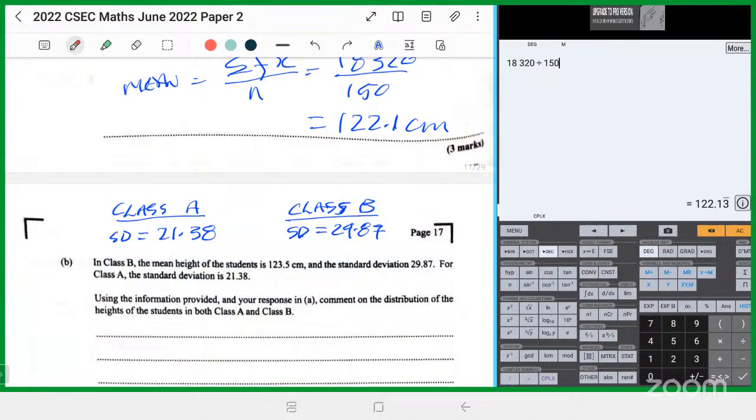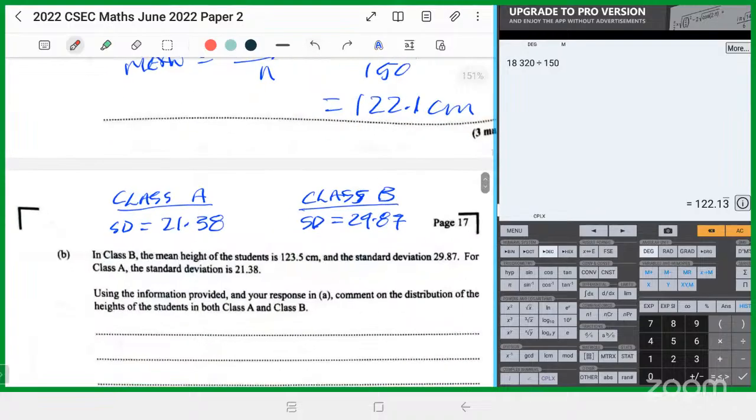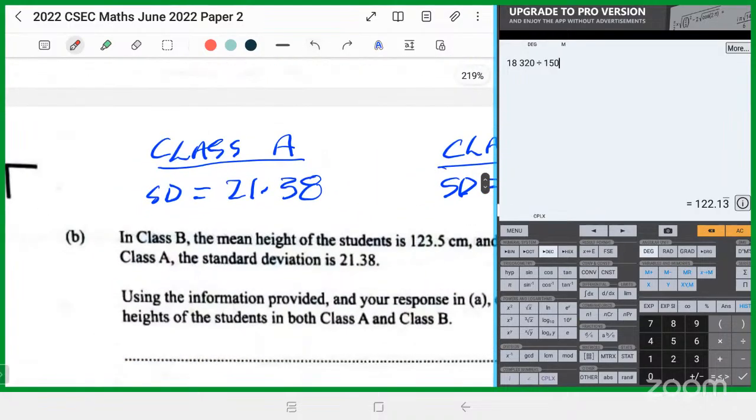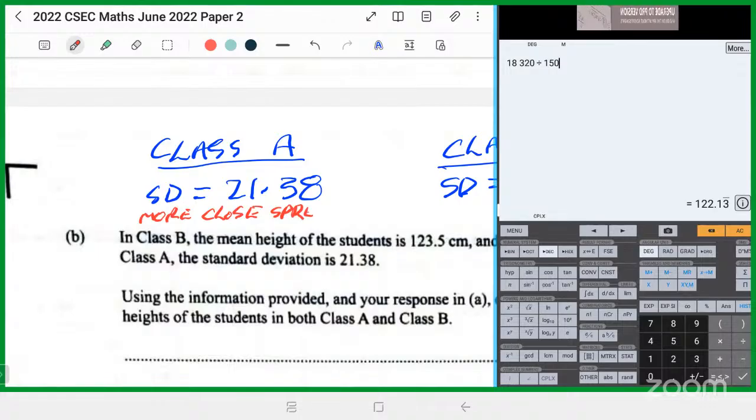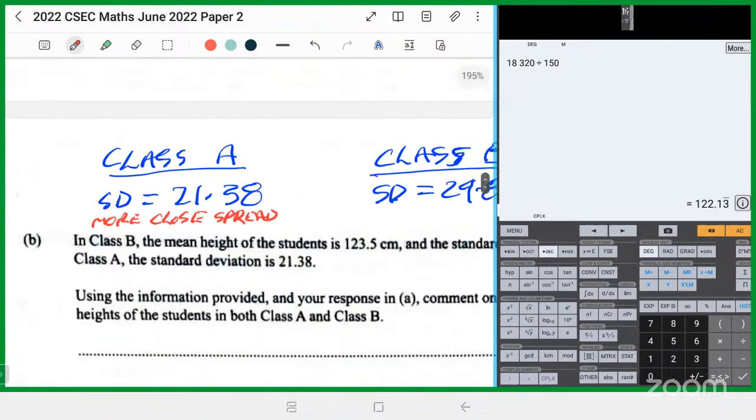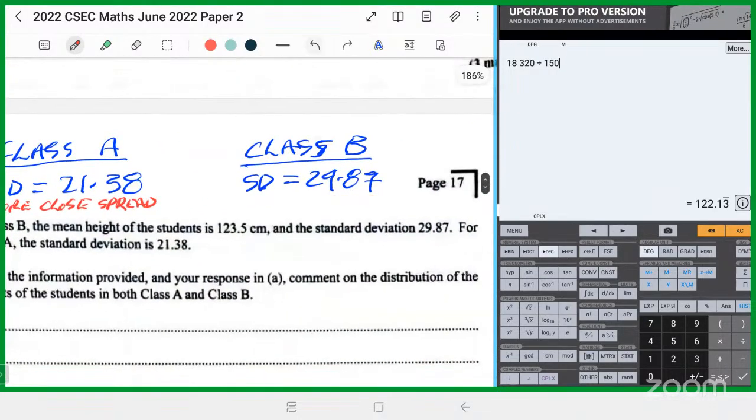Because this one has a smaller standard deviation, it's going to be more closely spread. The smaller one is going to be more closely spread. The data is closer to the mean, more closely spread from the mean. And the one with the higher standard deviation is going to be more widely spread from its mean.